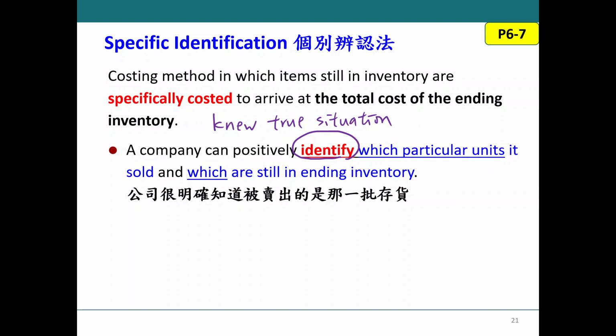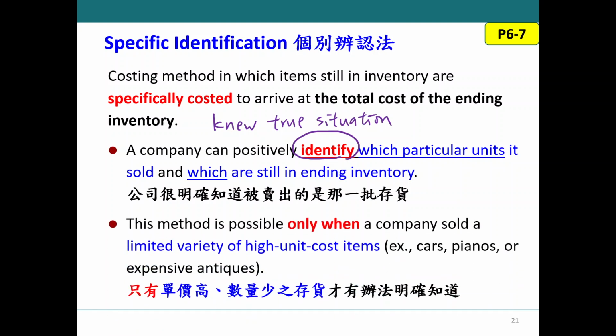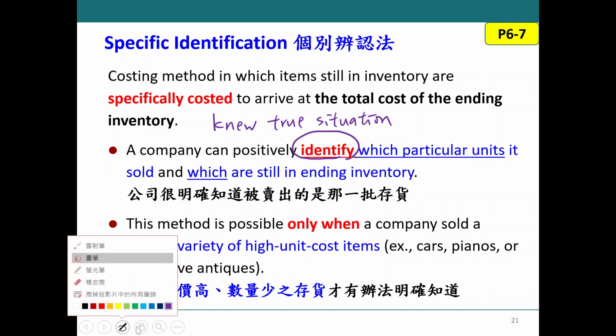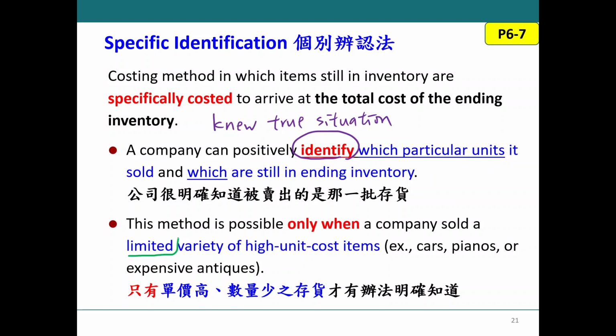So Tiffany, of course, will know which diamond was sold, which one is still in the company. So only for inventories with limited units and high unit cost will we know. Others, impossible.